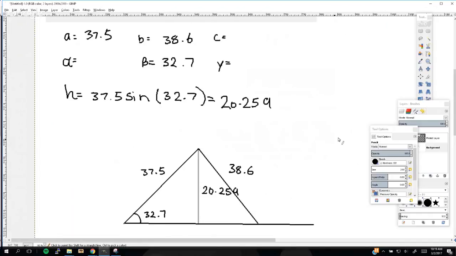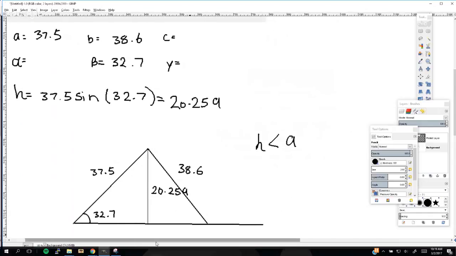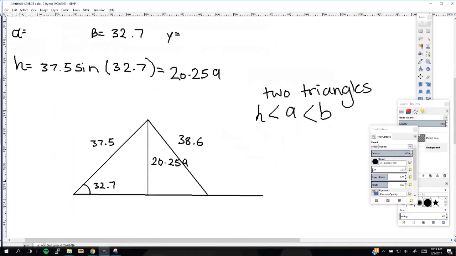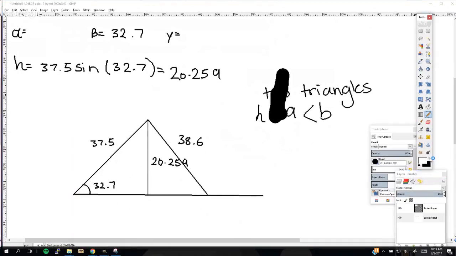And so the height is less than A, well, less than this side, which in the notes they call side A, and it's less than B. So we have two triangles. I hate two triangles. I know. I feel like I always can get the one, and I just have a hard time getting the second. Yeah, it's kind of non-intuitive, I think.